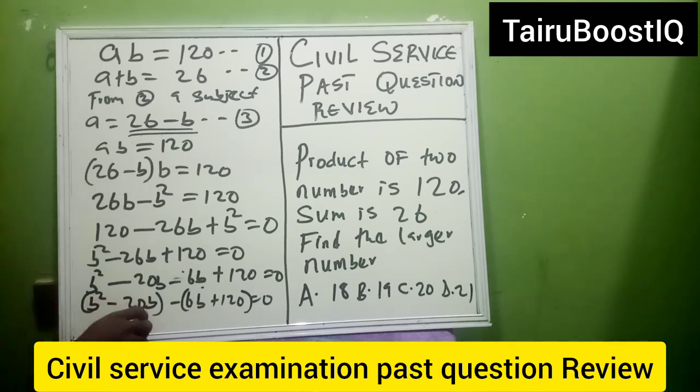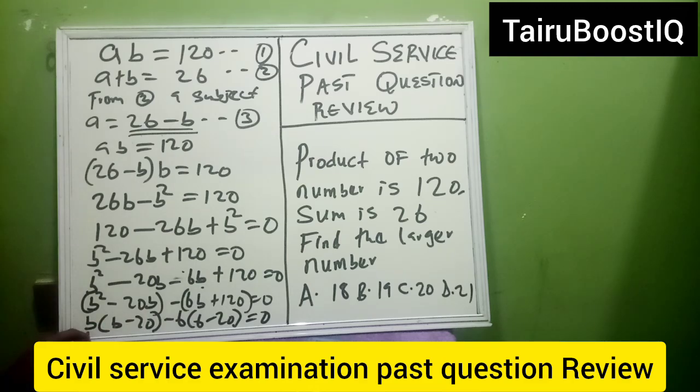We have B squared and minus 20B. What do they have in common? B will be out. We have B minus 20. Then for this one, 6 will be out. We have B minus 20, since 120 divided by 6 will give us 20.